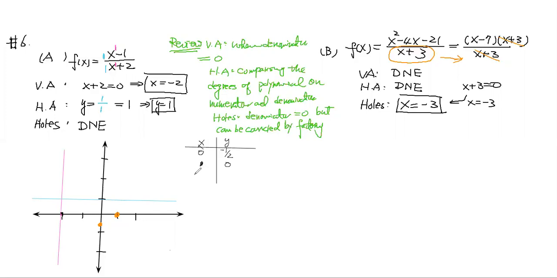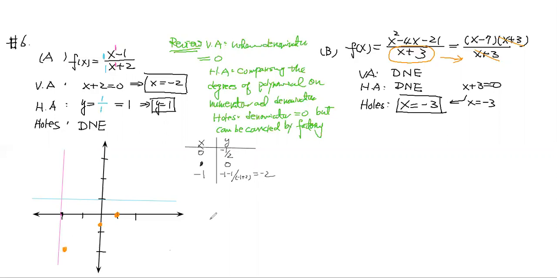Let's say x equal to -1. So it's -1 minus 1 over -1 plus 2, which is -2. So x equal to -1 gives -2. Oh, I think I got it.